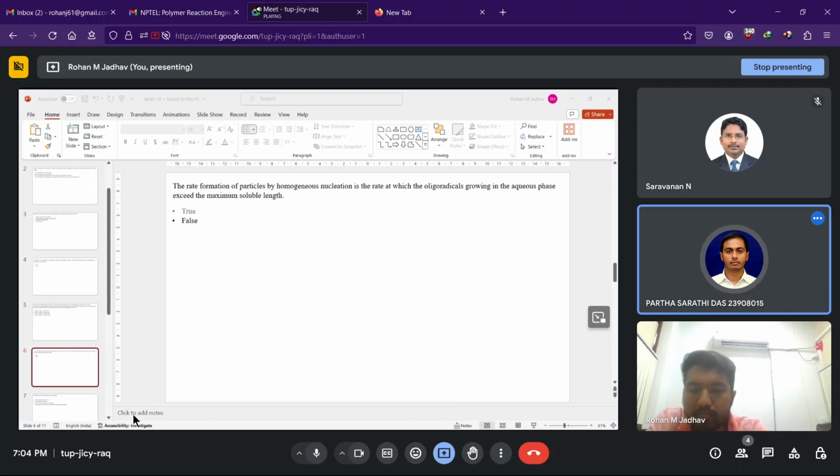The question says: the reaction dash and the dash in the feed in a semi-continuous stirred tank reactor can be adjusted depending upon number one, the composition and the volume of the initial charge, and number two, the composition and flow rate of the feed.